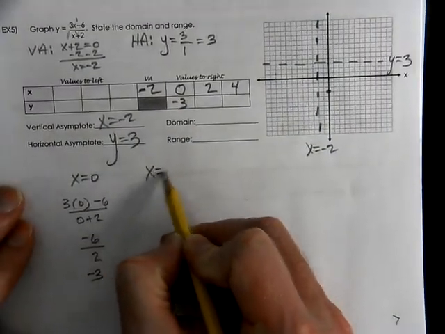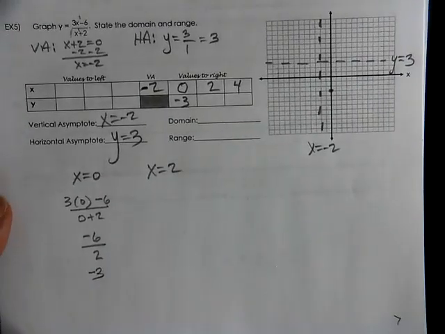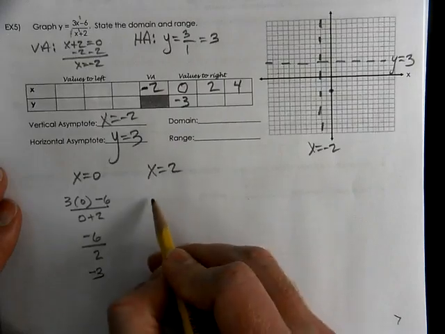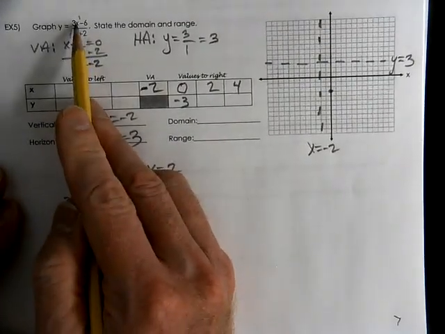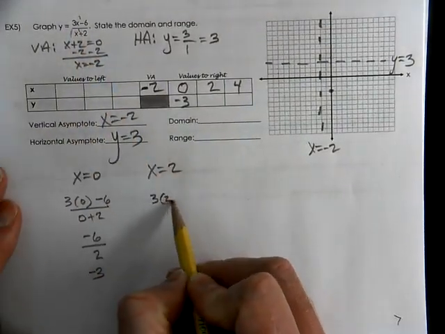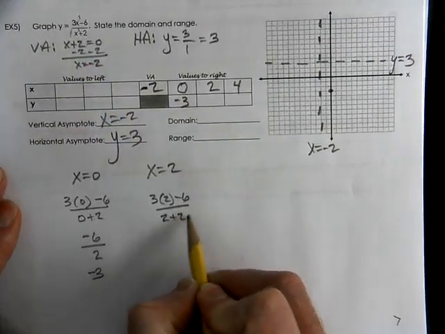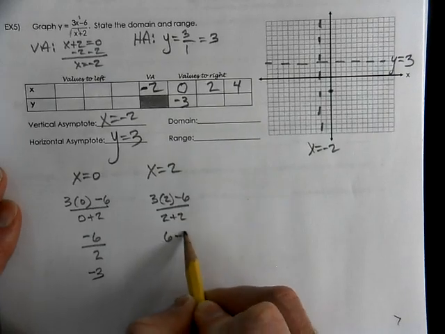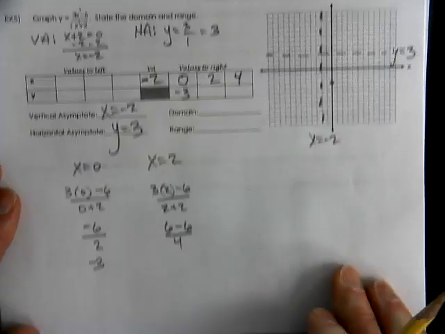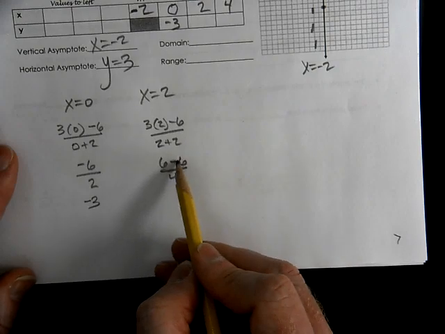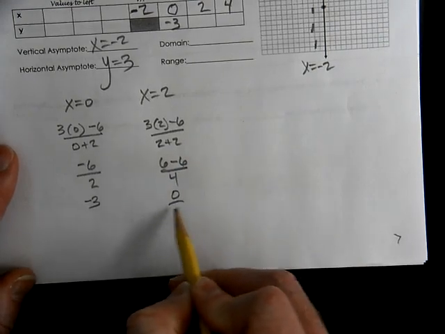Now we're going to calculate what it is for 2. So 3 times 2 minus 6, over 2 plus 2. 6 minus 6 over 4. 6 minus 6 is 0.